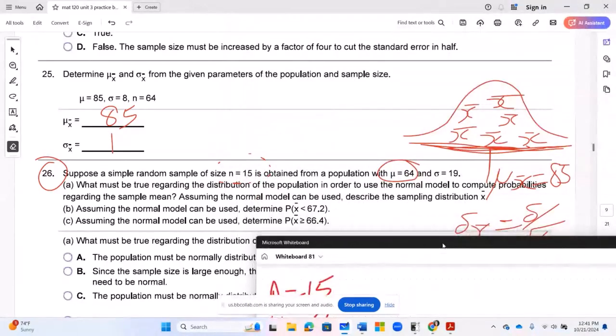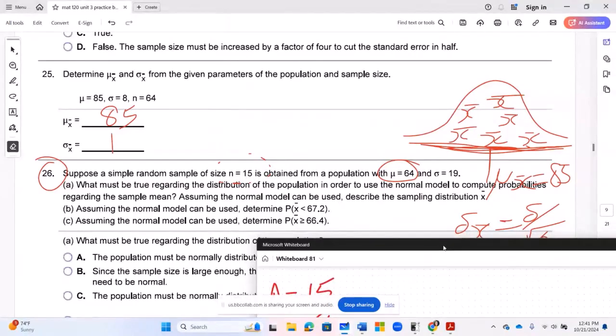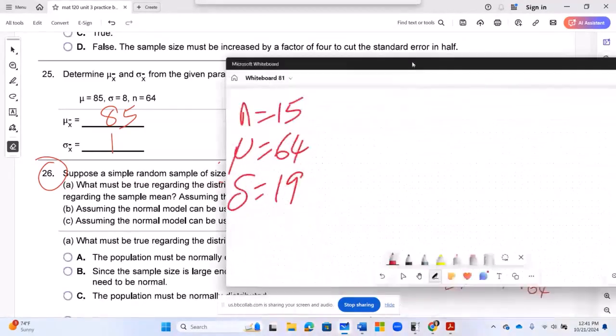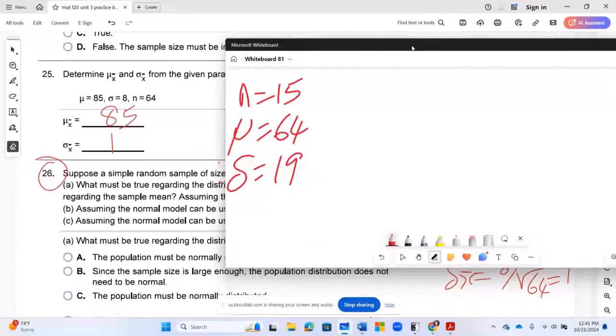So the question is, what must be true regarding the distribution of the population in order to use the normal model to compute the probabilities regarding the sample mean? Assuming the normal model can be used, describe the sampling distribution. For me to describe the sampling distribution, all I need to do is find the mu x bar.